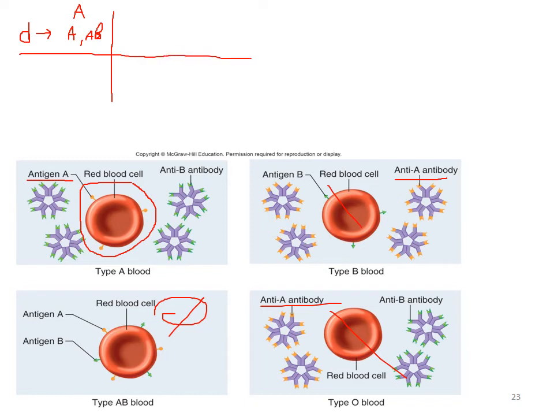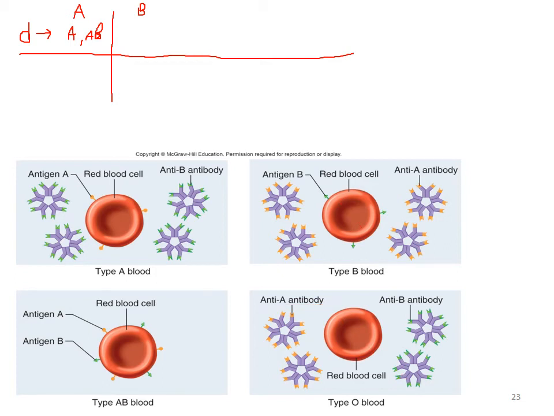If I'm type B, I'm going to go through the steps. If I'm type B, who can I donate blood to? Since I'm type B, I know I have B antigens on my cell. I cannot give them to anybody that has anti-B antibodies. A has anti-B antibodies, so it's a no-go.